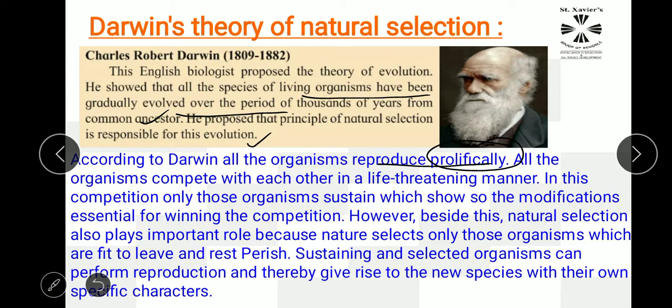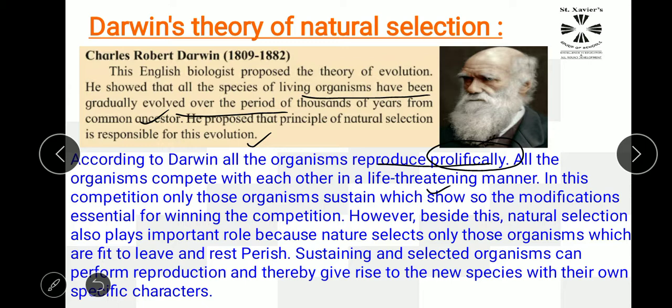You must have understood what life threatening manner is. I gave the example of buffaloes. They are struggling to save their life when a tiger is running behind them to hunt them. This is competition. Only those organisms sustain which show the modifications essential for winning the competition.